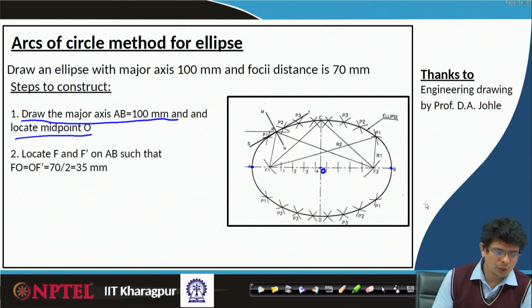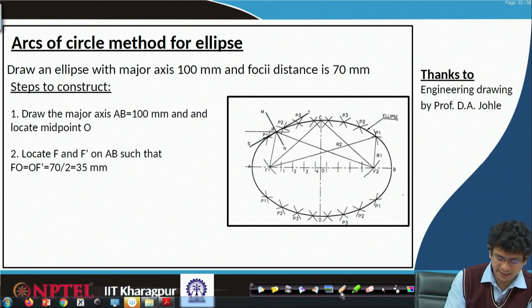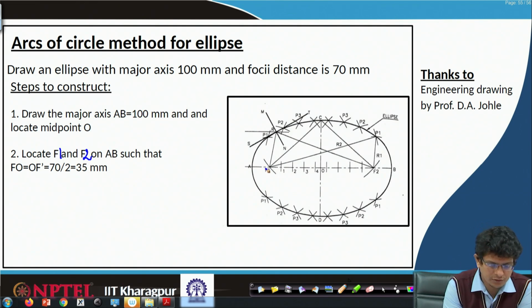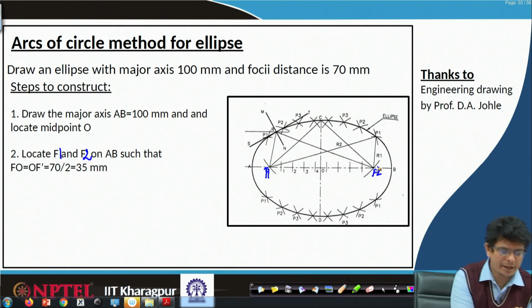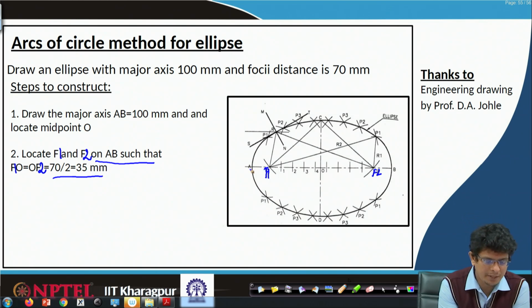Once it is done, locate foci F1 and F2 on AB such that F1O and OF2 are 35 mm each. Major axis is 100 mm and distance between foci is 70 mm.